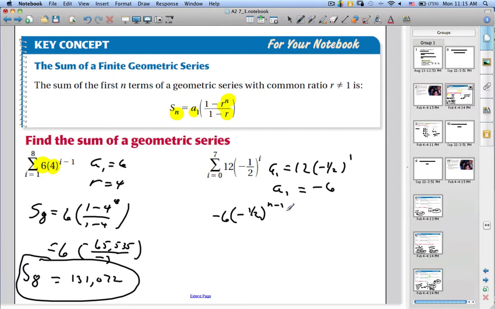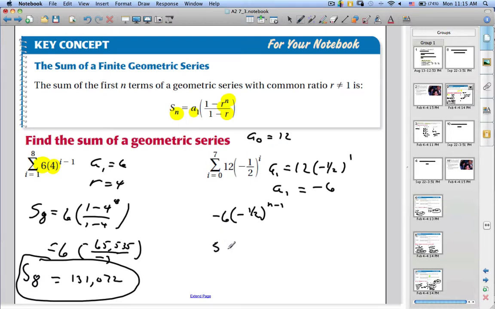So this 12 is a sub 0. I'm going to write that down. When I plug 0 in here, 0 minus 1 is negative 1. Negative 1/2 to the negative 1 power is negative 2. Negative 2 times negative 6 is 12. So a sub 0 is actually 12. I'm going to need that later. But now I'm going to take my first term.